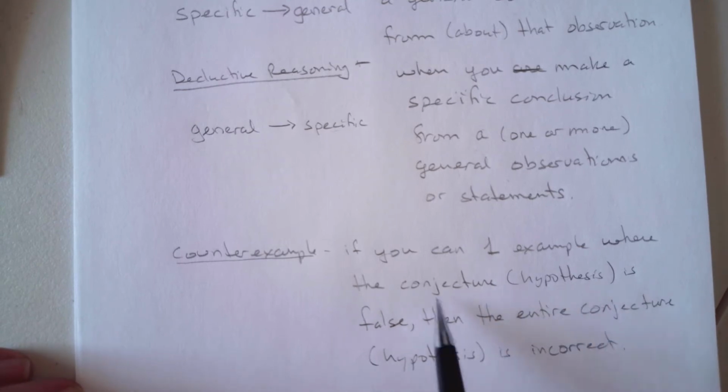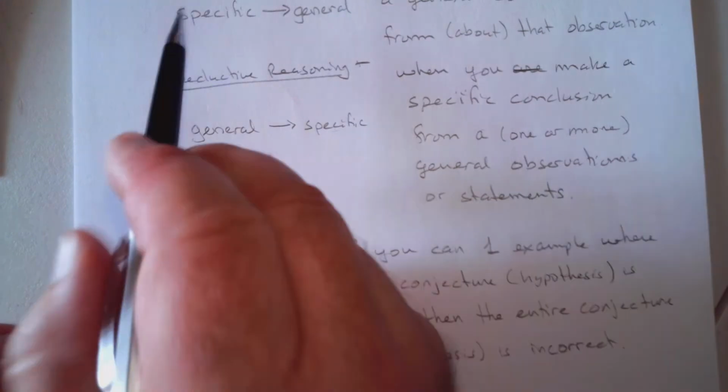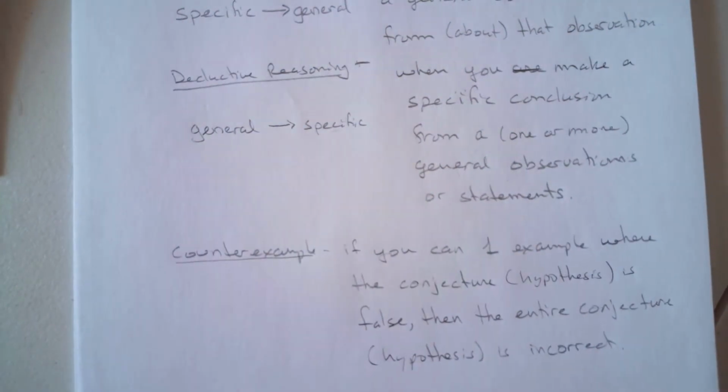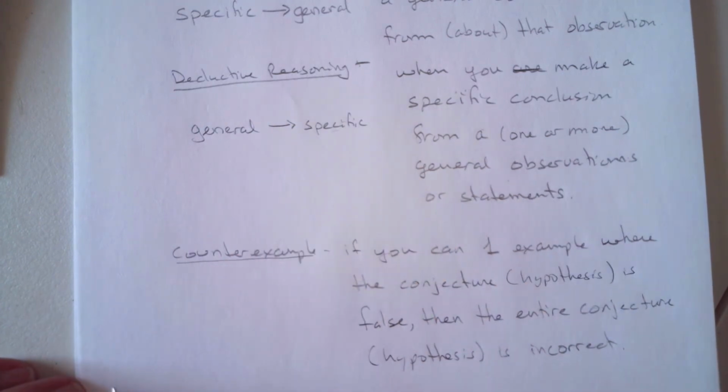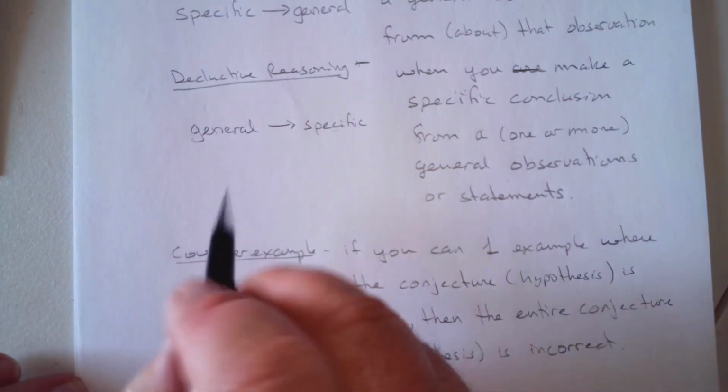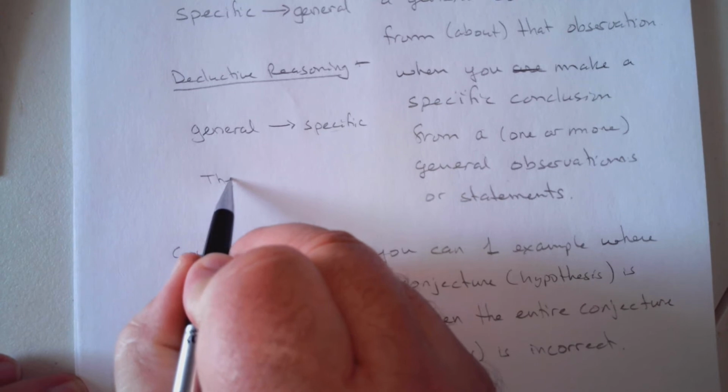So I use the words conjecture and hypothesis. That's what we use in inductive reasoning. We observe something, and then we make a hypothesis. We make an educated guess of what's going to happen. As opposed to that, if a deductive statement is true, then it's called a theorem.